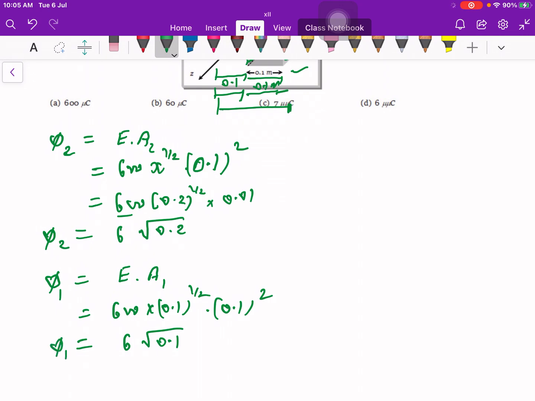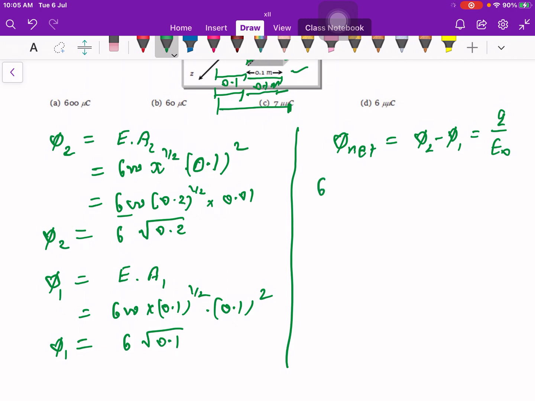That is phi 1. Now Gauss law tells us the net flux, phi net, is equal to phi 2 minus phi 1, which is equal to Q upon epsilon 0. It is told to us according to Gauss law. So just use that: 6 root 0.2 minus 6 root 0.1 is equal to Q upon 8.854 into 10 to the power minus 12.